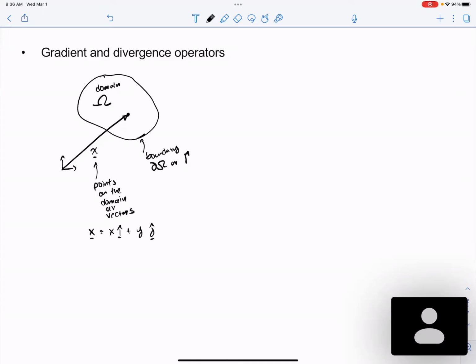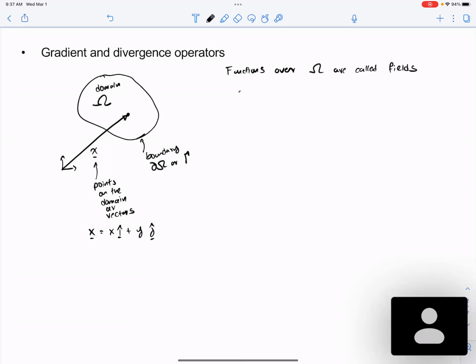Then we are interested in functions, just like before. Here we name them a little bit different. So functions over omega are called fields. Just a fancy word for function. And then there are different types of functions.